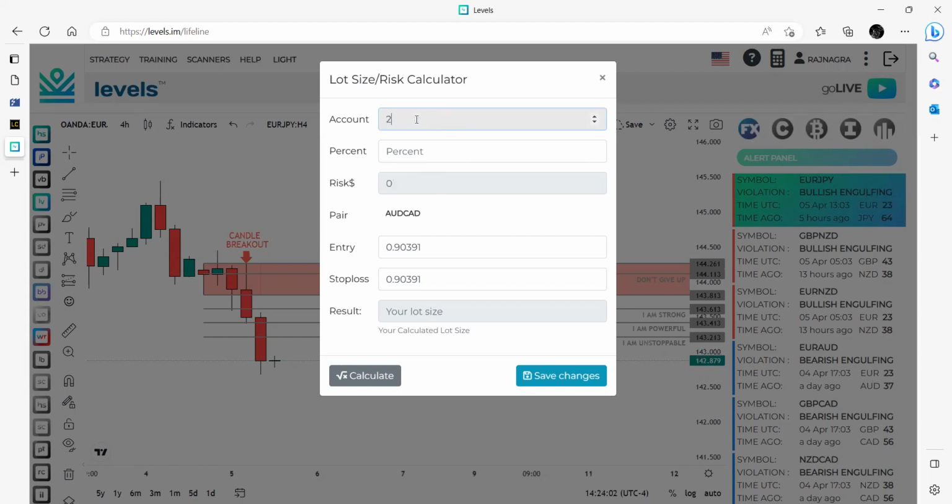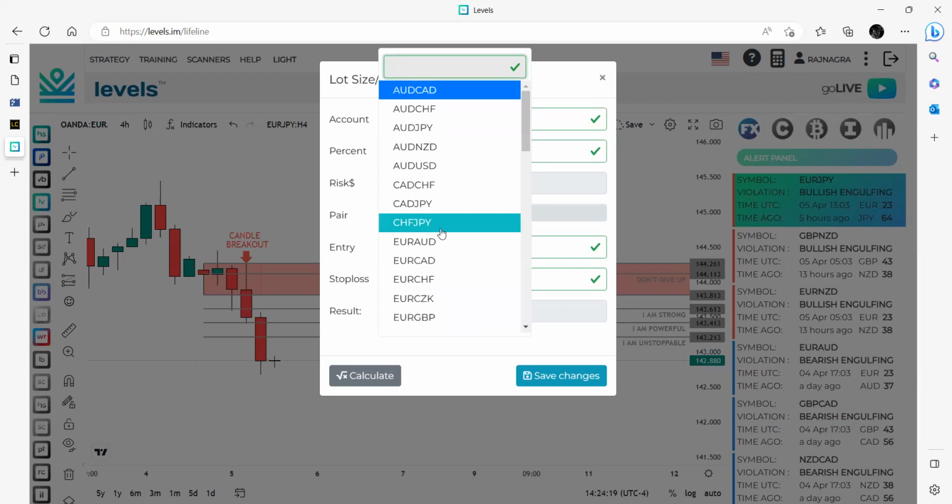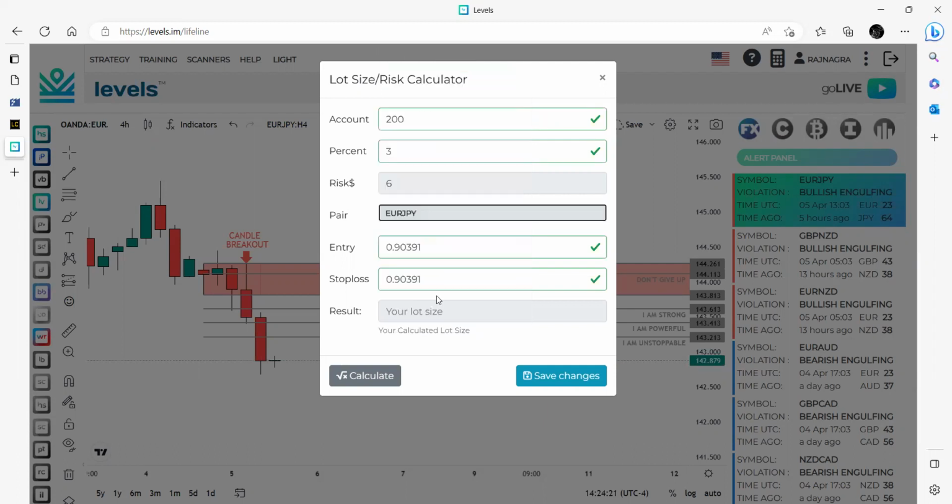So say, for example, I had £200 in my account. As an example, I want to grow that 3% a day. So today I'm risking $6 here, or pounds, of course, if you're in the UK. And say we're going to be trading Euro JPY.